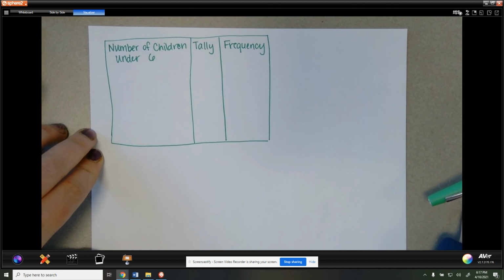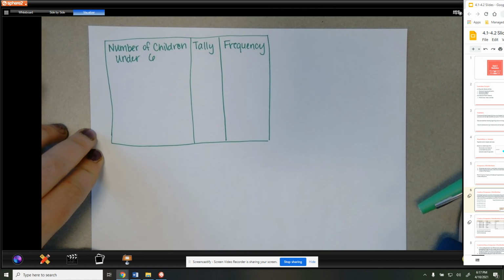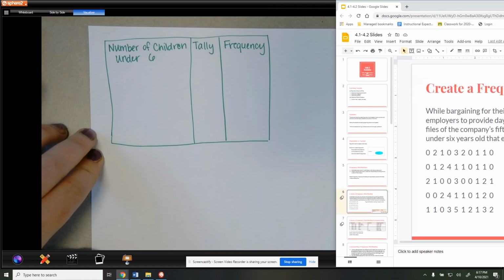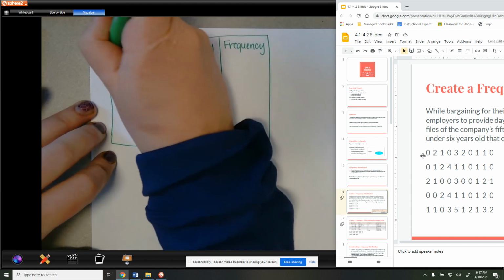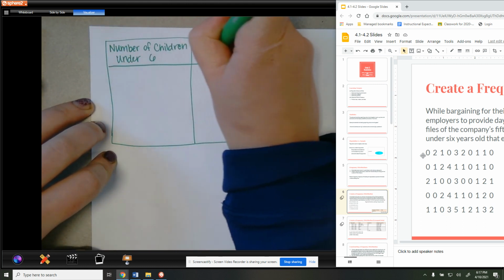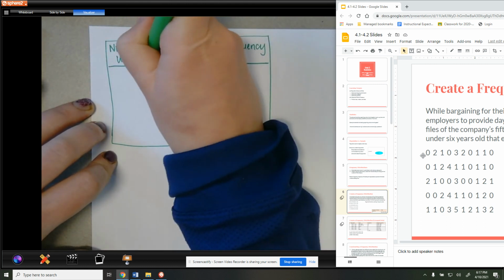Right, try to sneak both of these on at the same time so we can see. Okay, so there's my data over here. I've got some zeros in there. I'm going to start with the lowest number of children under 6, that's 0.